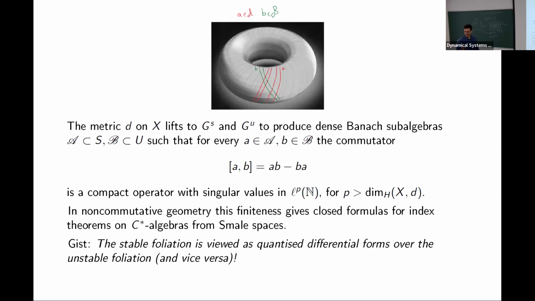This is, I think, the interesting part. And it can be done really as follows. So you have stable elements. These are unstable sets, and you move through those red lines through stable holonomy maps. And then you have unstable elements in D, where these green lines are now stable leaves, and you move through them through unstable holonomy maps.